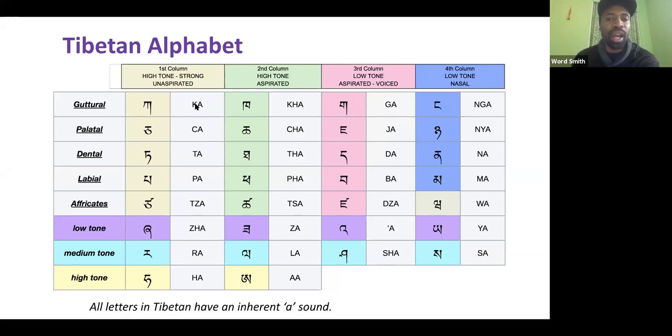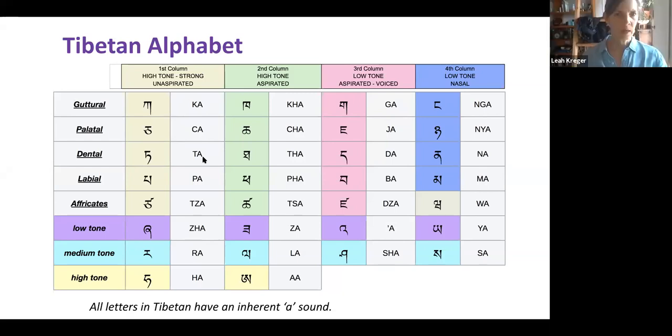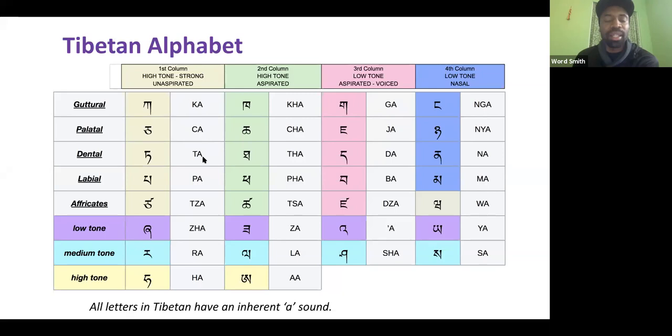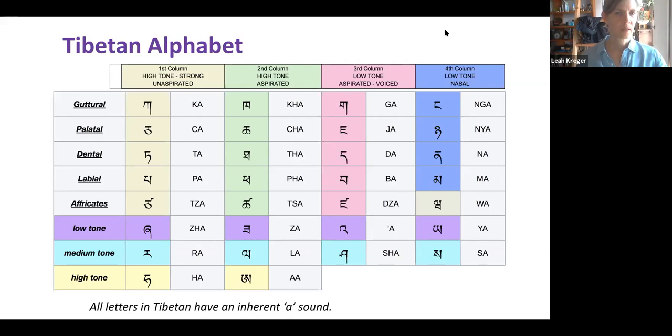Let's do the first column, okay? So say ka, ka, cha, cha, ta, ta, pa, pa, sa. Good. All right. Okay, Leah, first column. You ready? Wait, just do it after me.